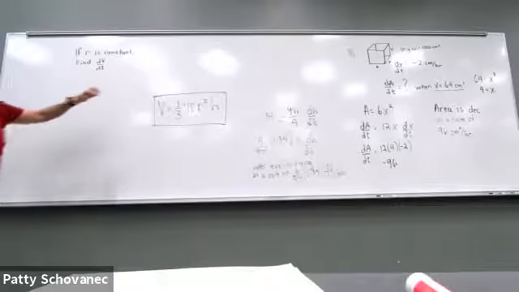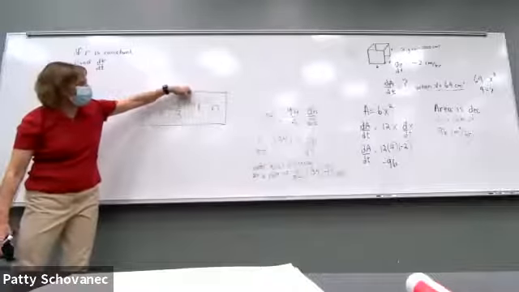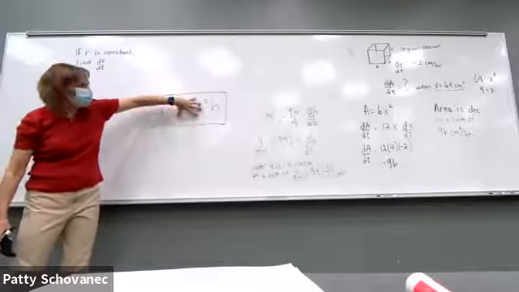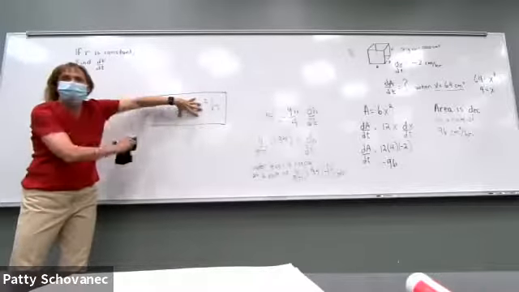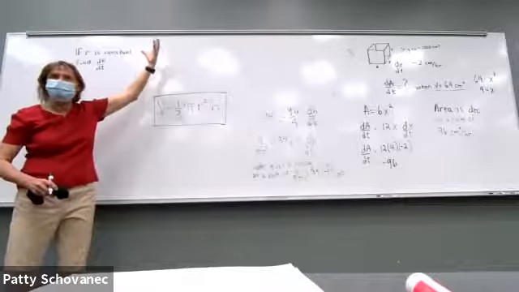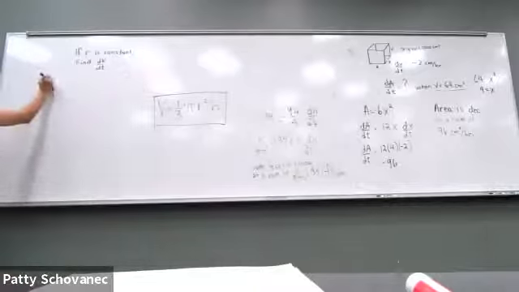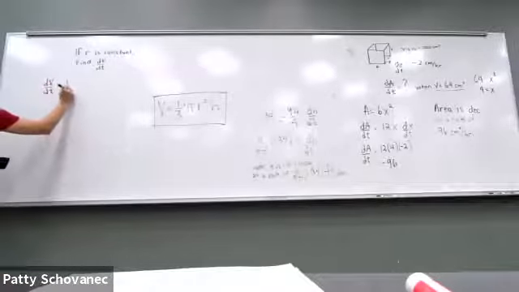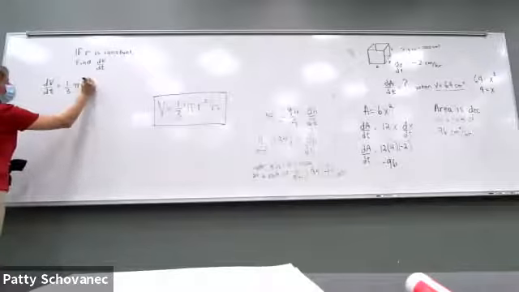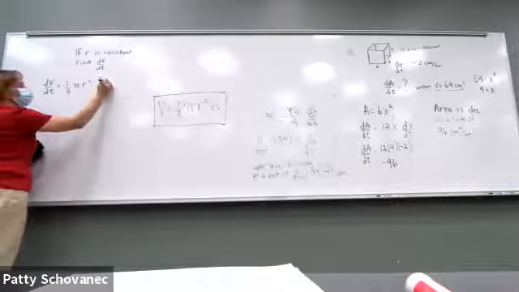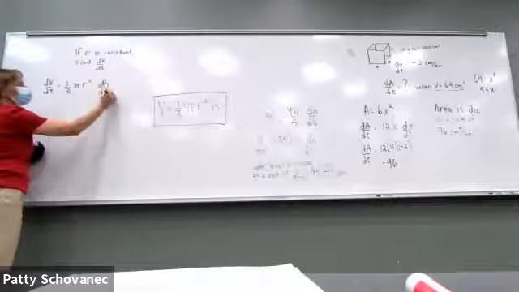When you're told R is a constant, then this R squared behaves like the pi and the 1/3. We just ignore it for now, take the derivative of both sides with respect to time, and then put the constants back on. So dV dt is equal to our constants times the derivative of that H, which is just dH dt.